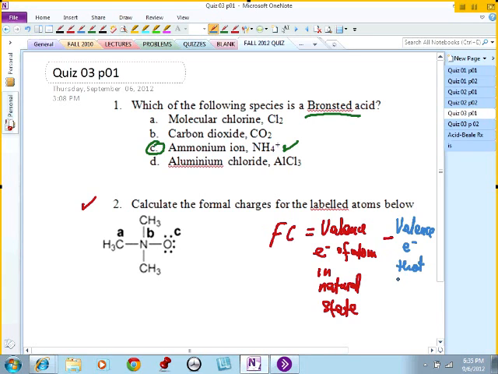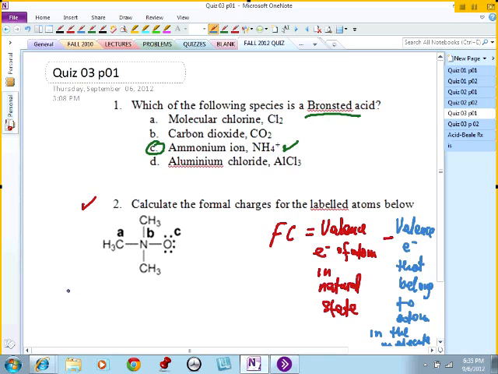So if we use that formula, what is the formal charge on carbon?